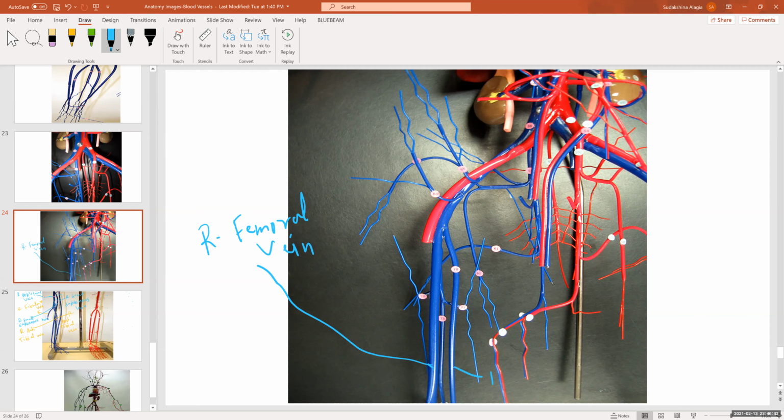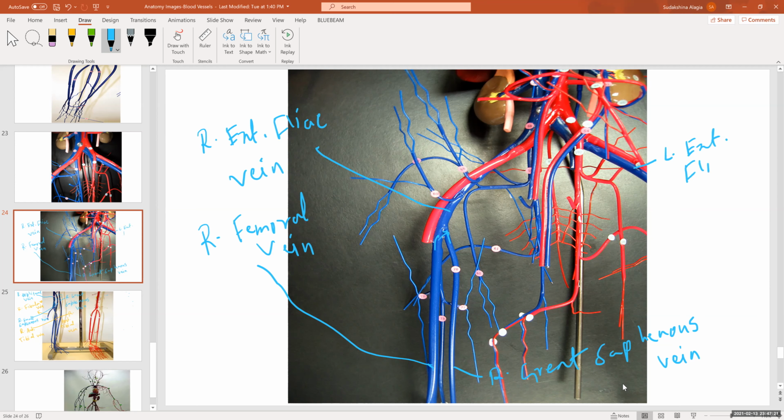You can continue to see the right great saphenous vein. Femoral and great saphenous merge. Where they merge, this is right external iliac vein. This is left external iliac vein.